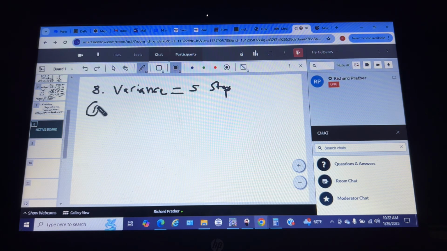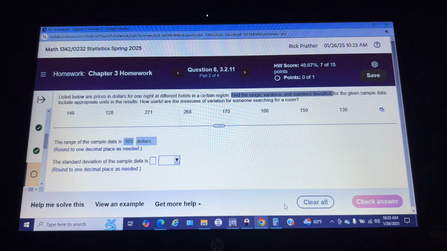Step 1, you find the mean, like we did since junior high. That's easy. Add them up and divide by how many there are. 1, 2, 3, 4, 5, 6, 7, 8. There's 8 numbers here.